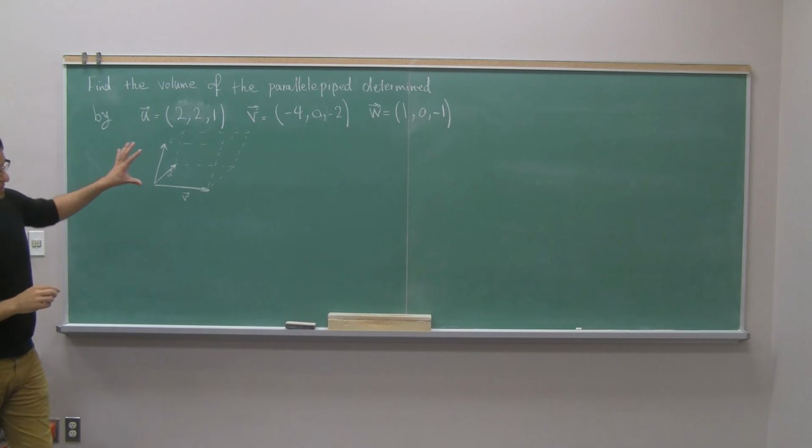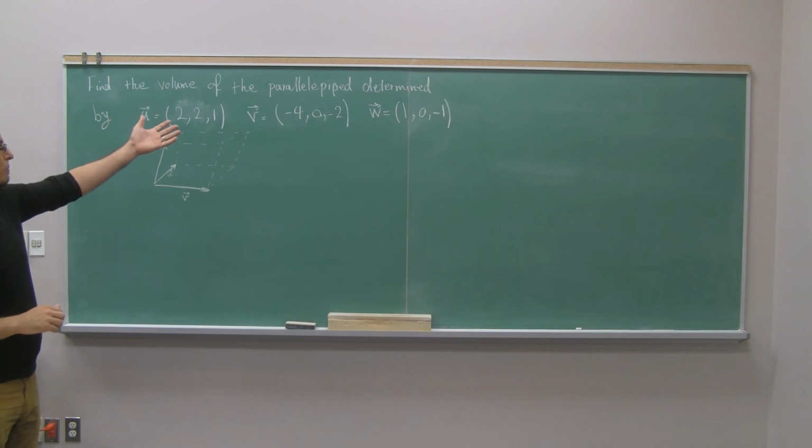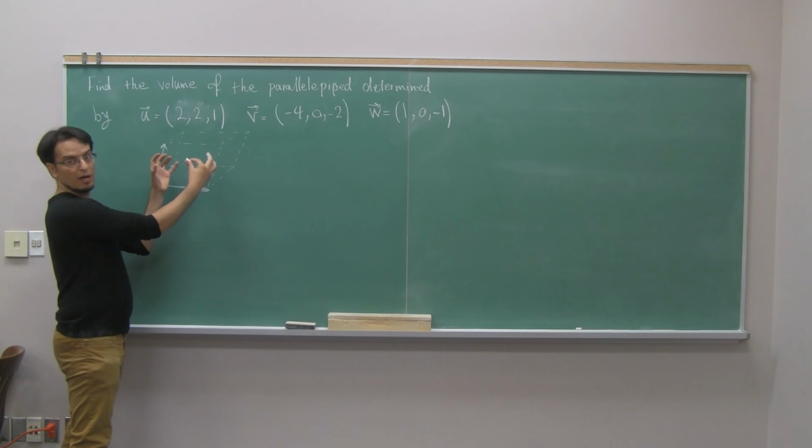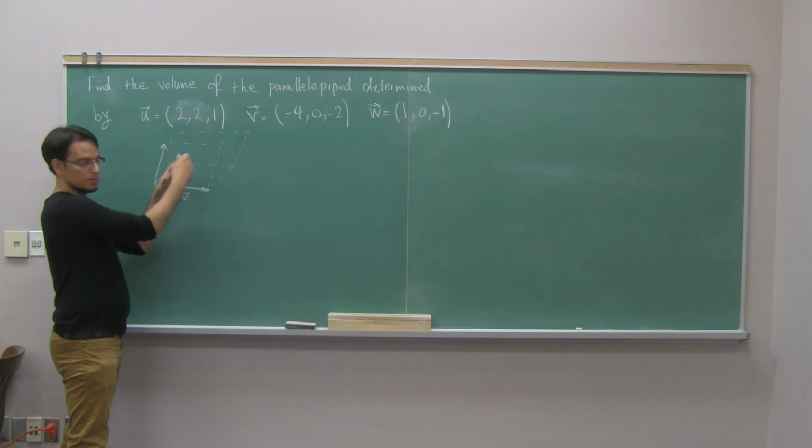The name of this solid object is called a parallelepiped. Then the question is, what is the volume inside this box?